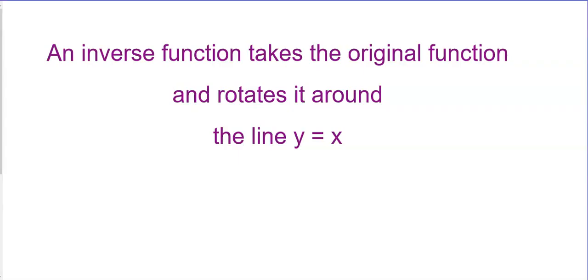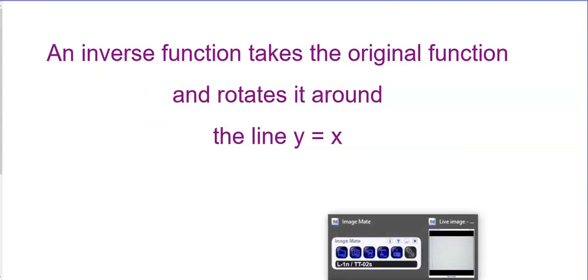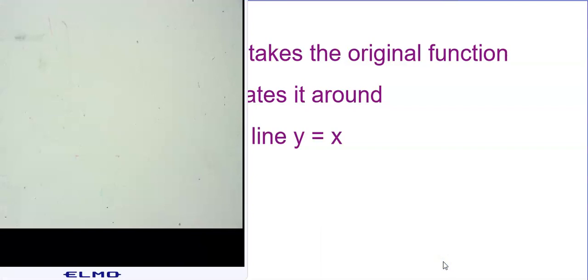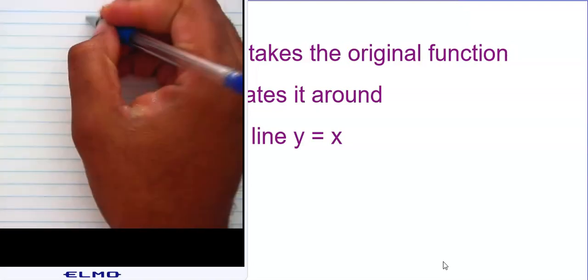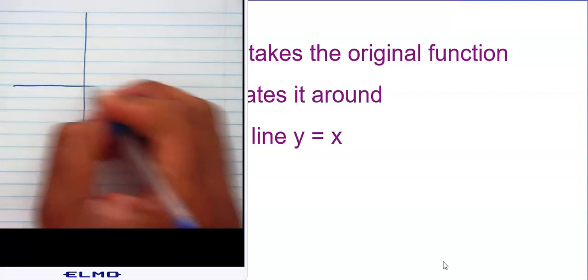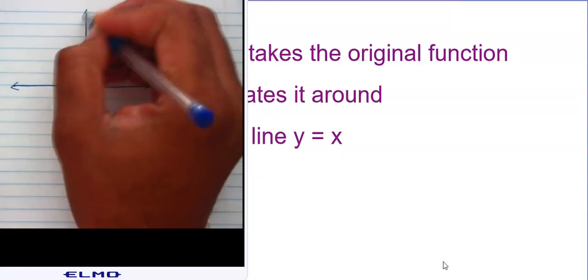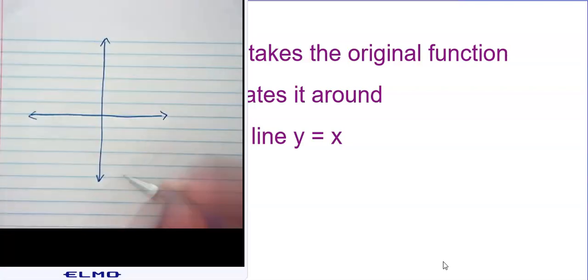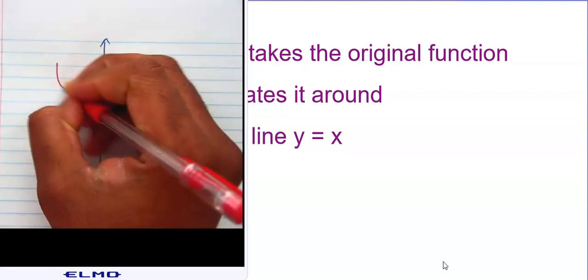All right, so first off, an inverse function takes the original function and rotates it around the line y equals x. Just to give you an idea and understanding of what that means, let's do this really quick. If I draw my axes here, and I put, let's say, a parabola right here.